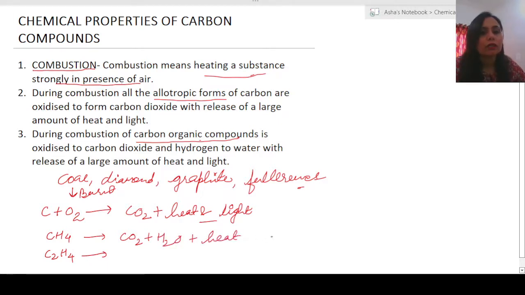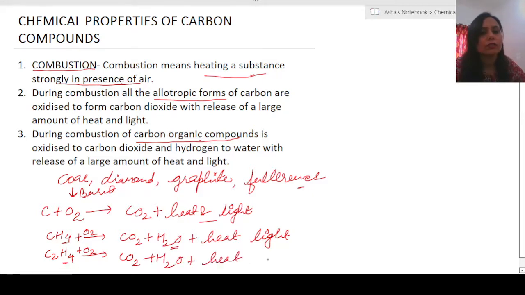Now water is there, why? Because they are having H in the reactant. So obviously that H will change to H2O by the addition of oxygen, that is whenever they are burnt. So CH4 or C2H4 whenever burnt with oxygen, they will always give you carbon dioxide, water plus heat and light.